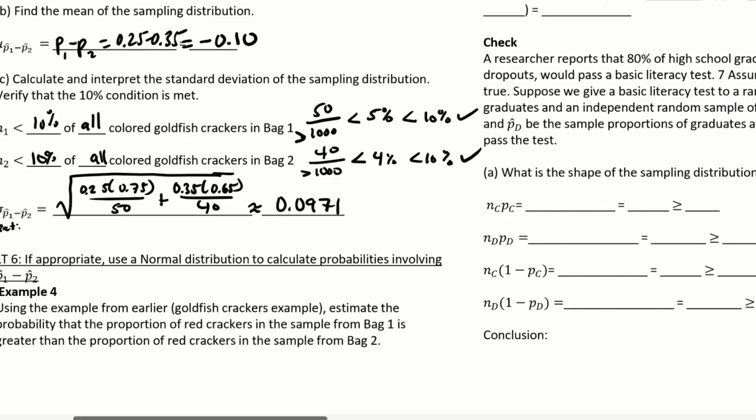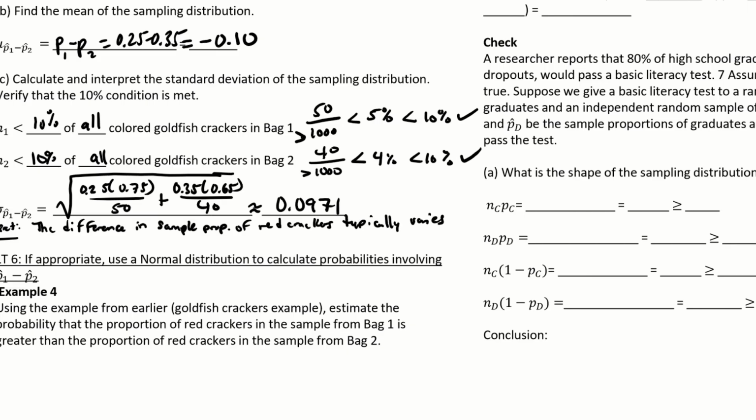All right, so the difference in sample proportions of red crackers typically varies by about 0.0971 from the true difference of negative 0.10.